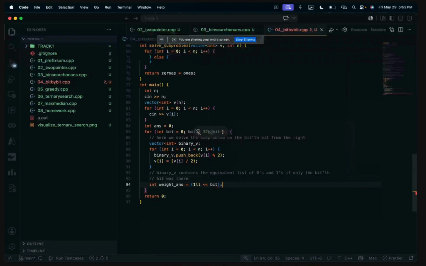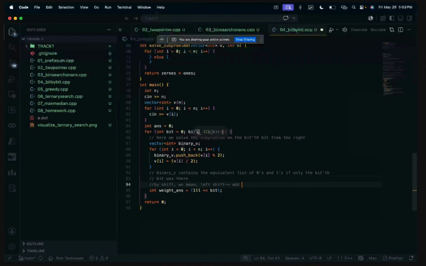So left shift is another bitwise operator. What it does is, in the binary system, say you have 1, you shift 1 bit number of times. By shift, we mean left shift means add bit number of zeros to the right.